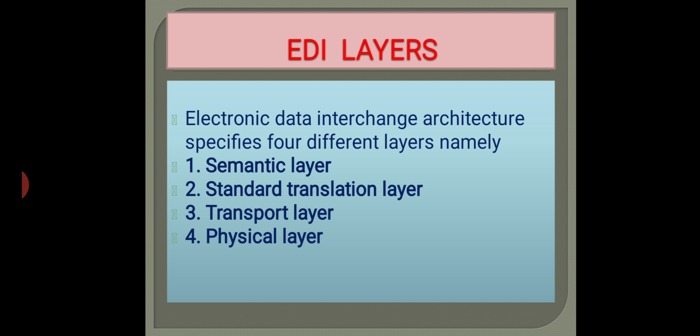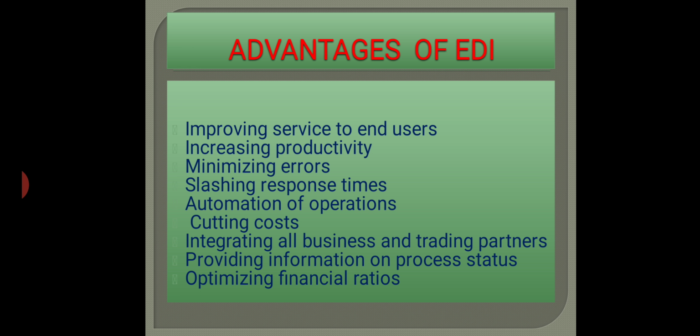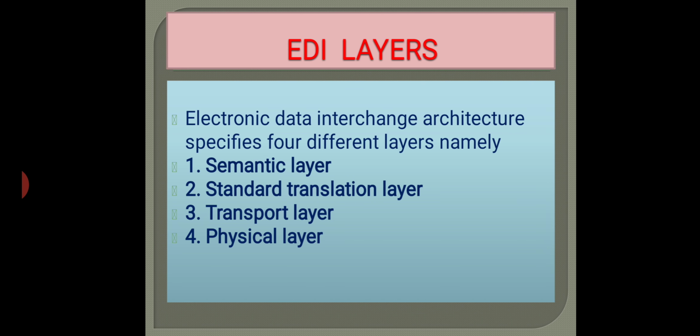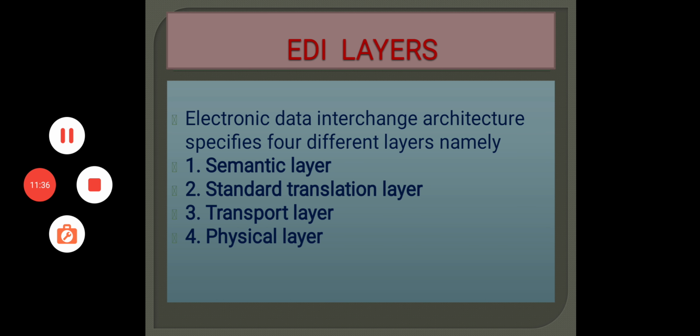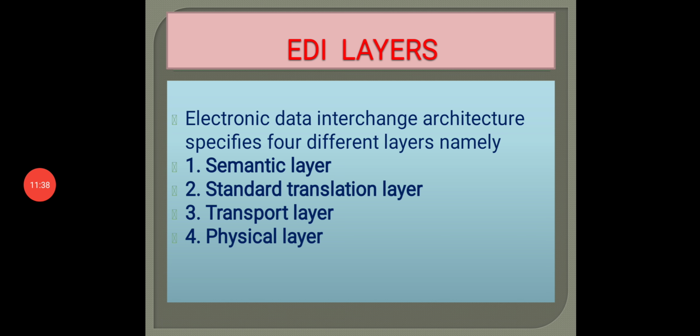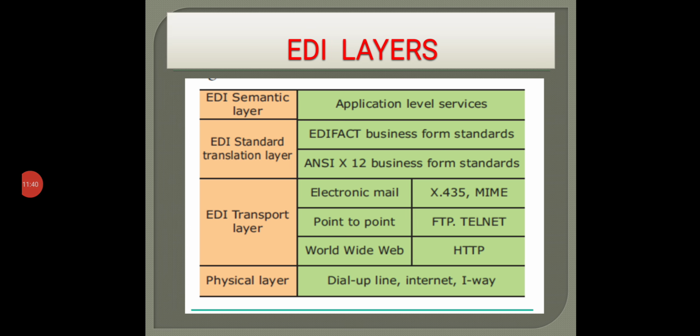Then EDI layers. The electronic data interchange architecture can be divided into four layers: first the semantic layer, then the standard translation layer, next the transport layer, and then the physical layer. In the semantic layer come application level services.